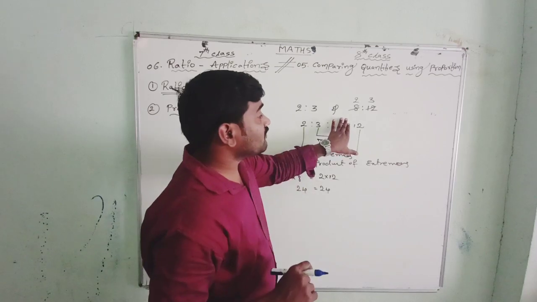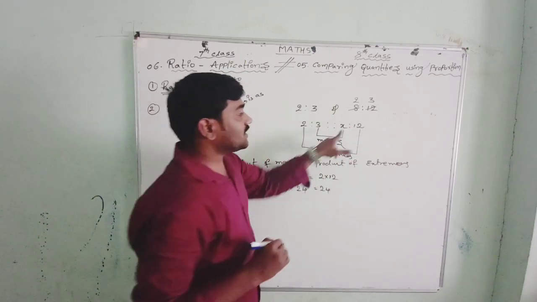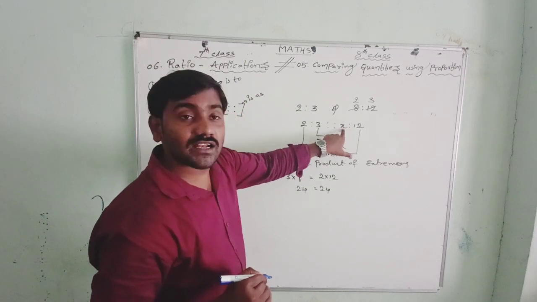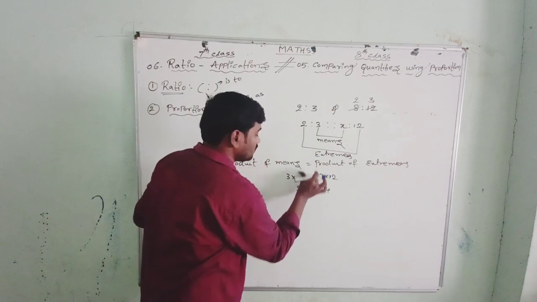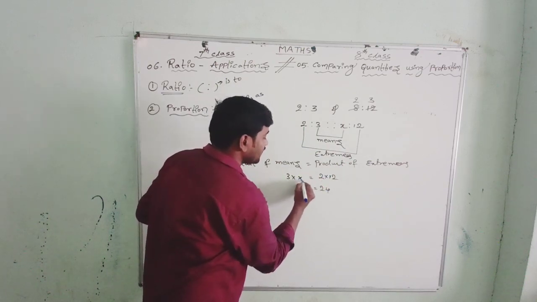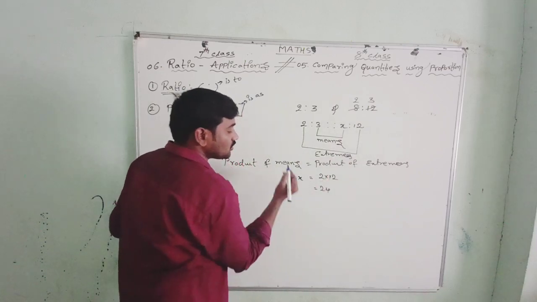If any one term is missing in this, suppose this term is x. If this term is x, let us find out what term will come here in the place of x. Simple. The product of means is 3 into x. We will write 3 into x, the product of means, equal to the product of extremes 2 into 12. So simple now.